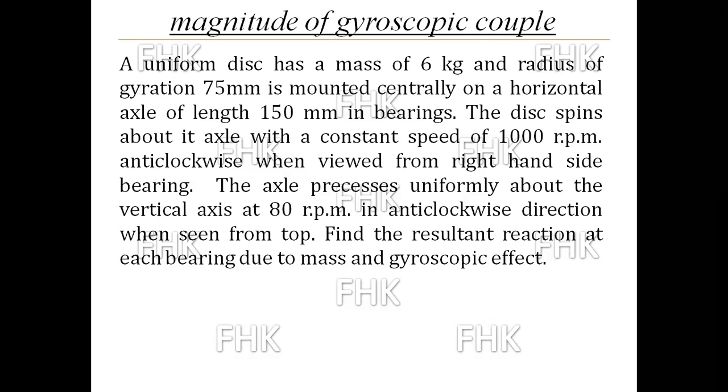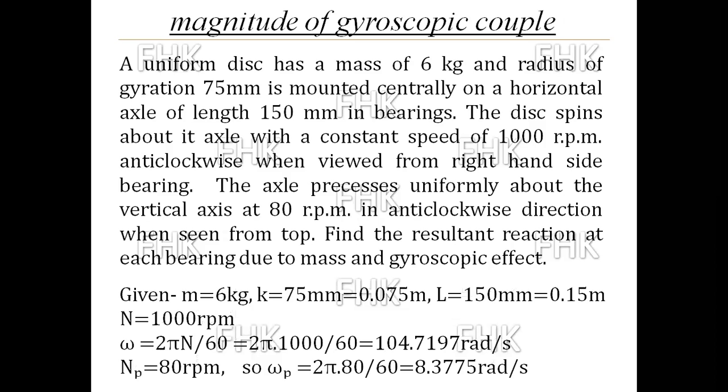First, we have to find the magnitude of gyroscopic couple, and second, its direction, because the gyroscopic couple is a vector quantity, so it has magnitude as well as direction. After finding the direction, we have to find the resultant reaction on each bearing. This is our third step.